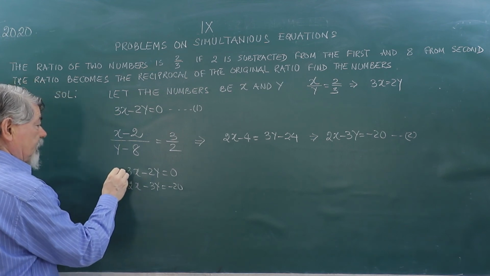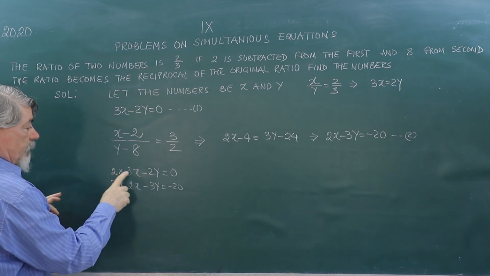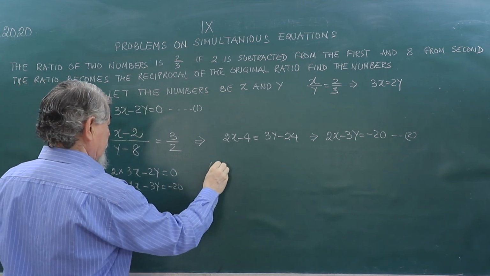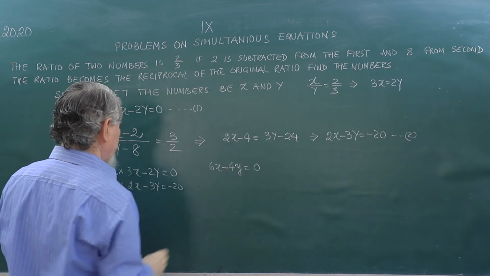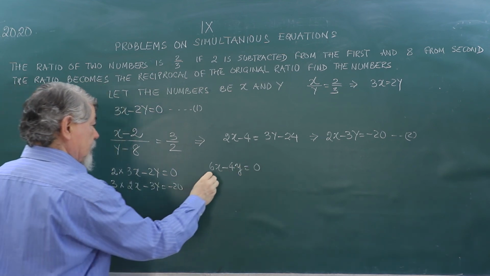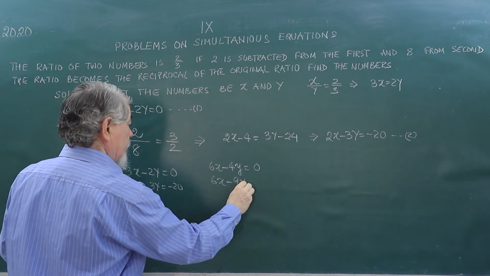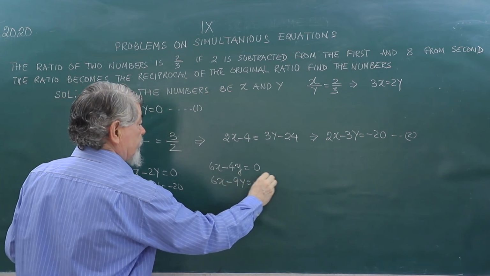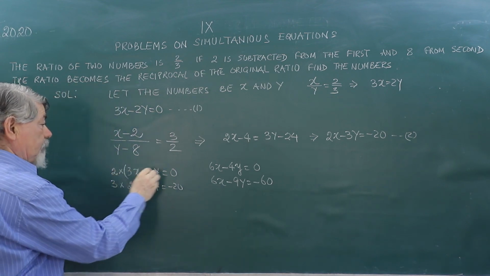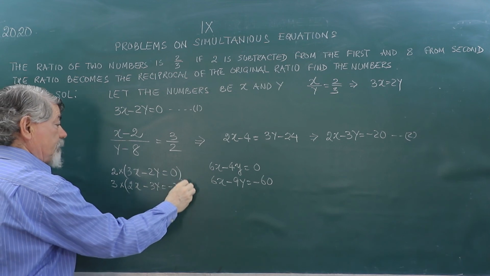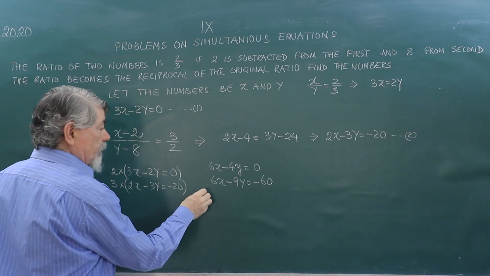If I multiply the first by 2 and the second by 3, I get 6x minus 4y is equal to 0, and 6x minus 9y is equal to minus 60. I multiply the complete equation, putting it in brackets so there is no confusion.